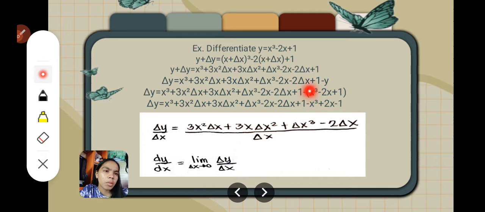We will distribute the negative sign to the value of y.